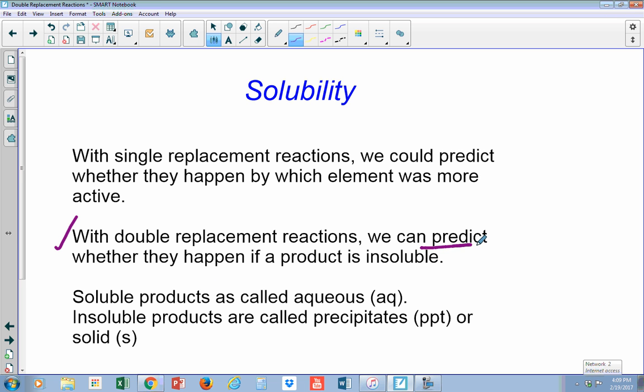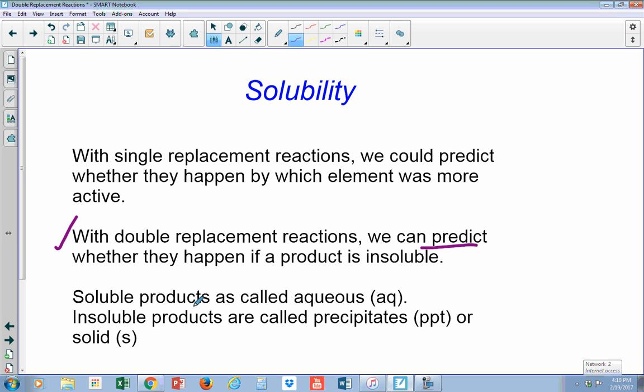How can we predict? Well, if you look at the products, what you have to do is put in their state of matter. What we're looking for is whether something is soluble or insoluble. Insoluble means it pops up as a precipitate.